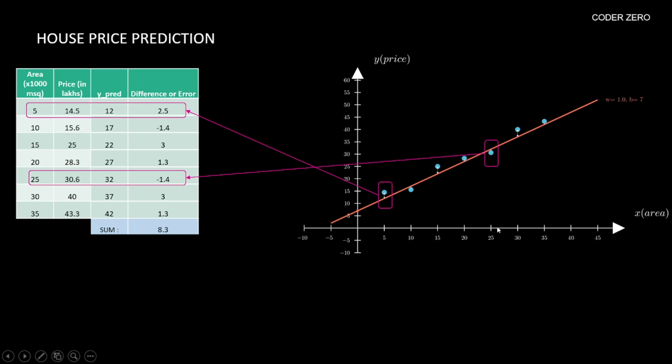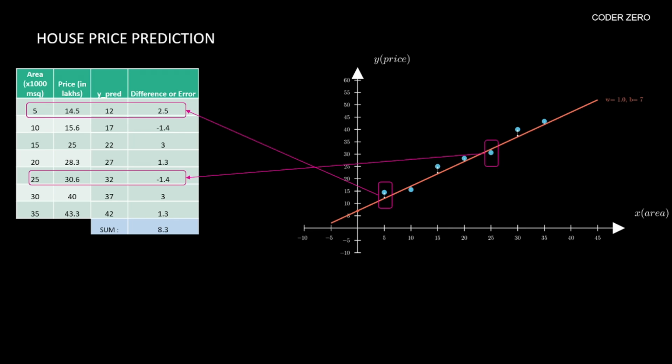Similarly, when x is equal to 25, you can see our model is predicting 32, the original value is 30.6, hence there is a gap of 1.4. This is negative because our model is giving a higher value and the original value is lower.